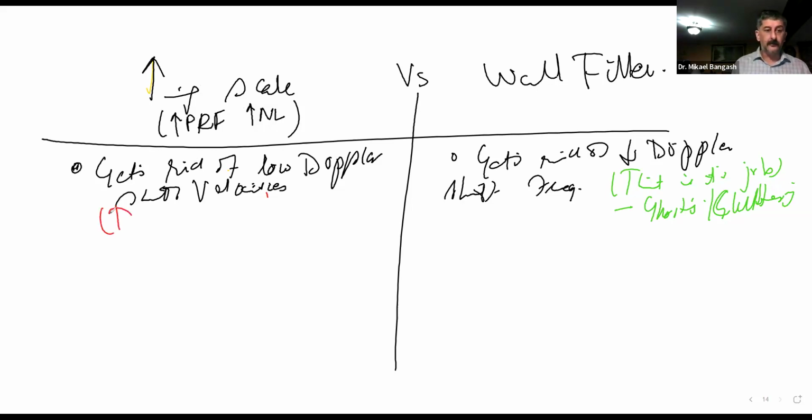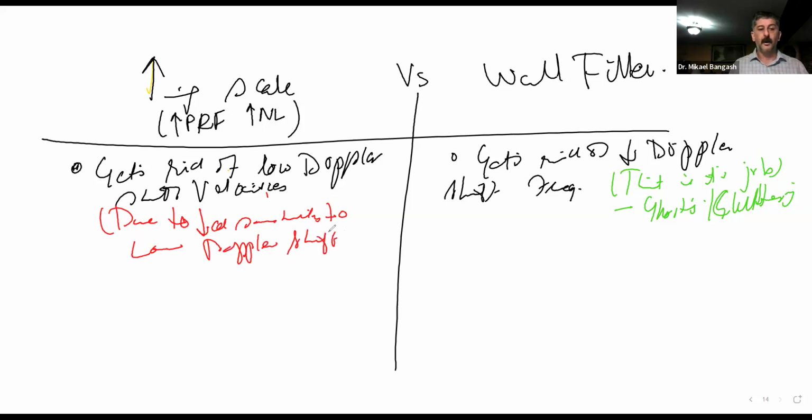That's an adverse effect of increasing the scale, because increasing the scale gets rid of this due to the reduced sensitivity to low Doppler shift or Doppler frequencies. Did that make sense?